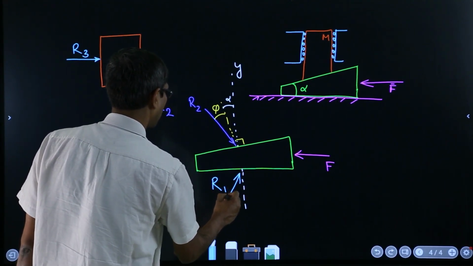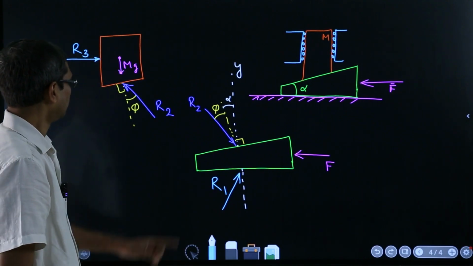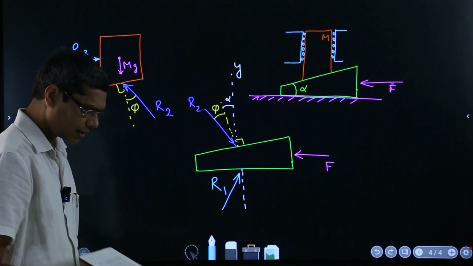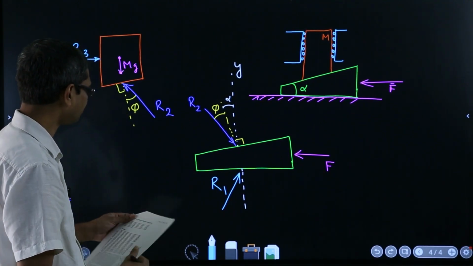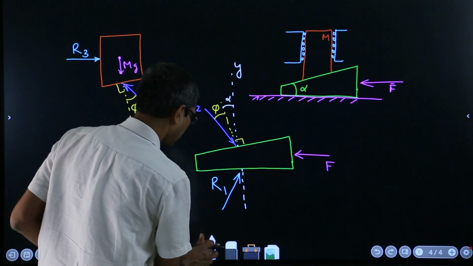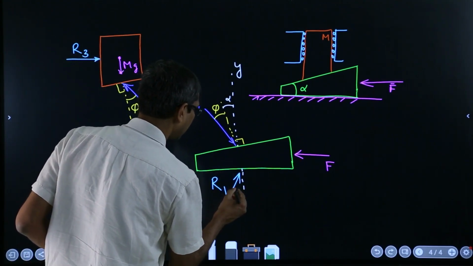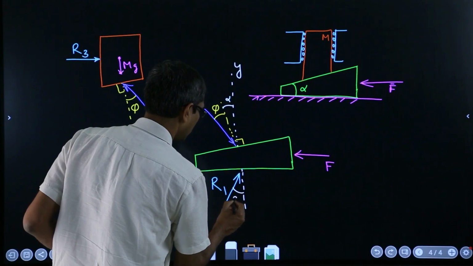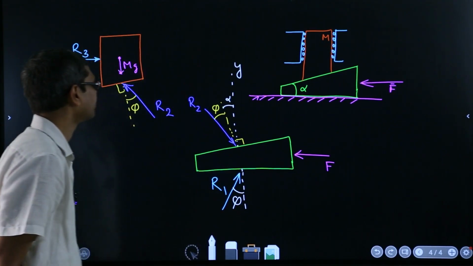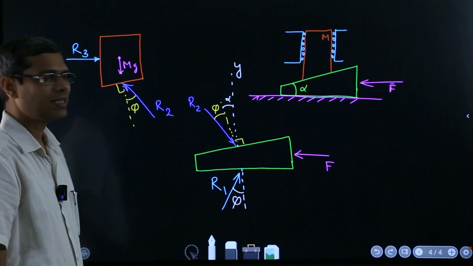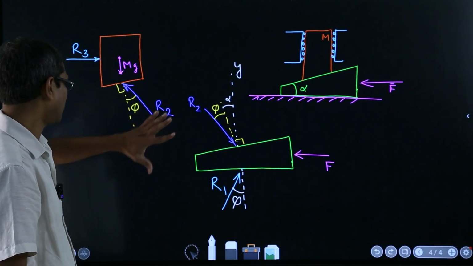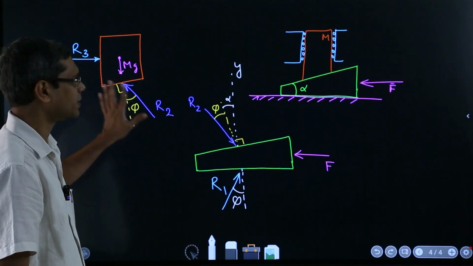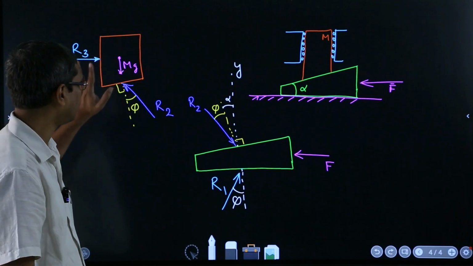This I call, say, R1. So R1, R2, R3. These are the three reaction forces, and again if everything is on the verge of slippage, this is phi. So this is basically the free body diagrams of both the wedge and the block.